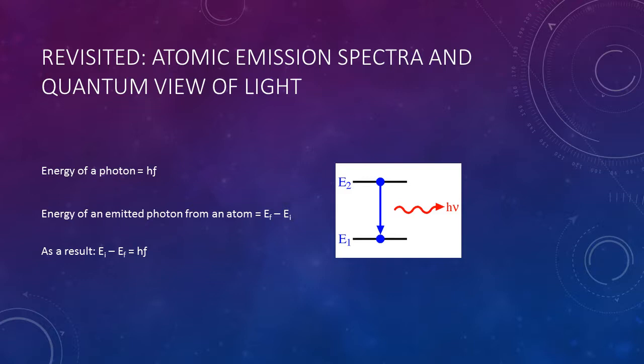We can relate this to what we know about the energy of a photon through Planck's equation. So we know the energy of a photon is h times f. Therefore, the difference between the two orbitals that an electron is transitioning between has to be equal to Planck's constant times the frequency of the photon that was either absorbed or released. And we're just going to talk about photons being released, but it is important to know that photons can be absorbed to cause these transitions as well.